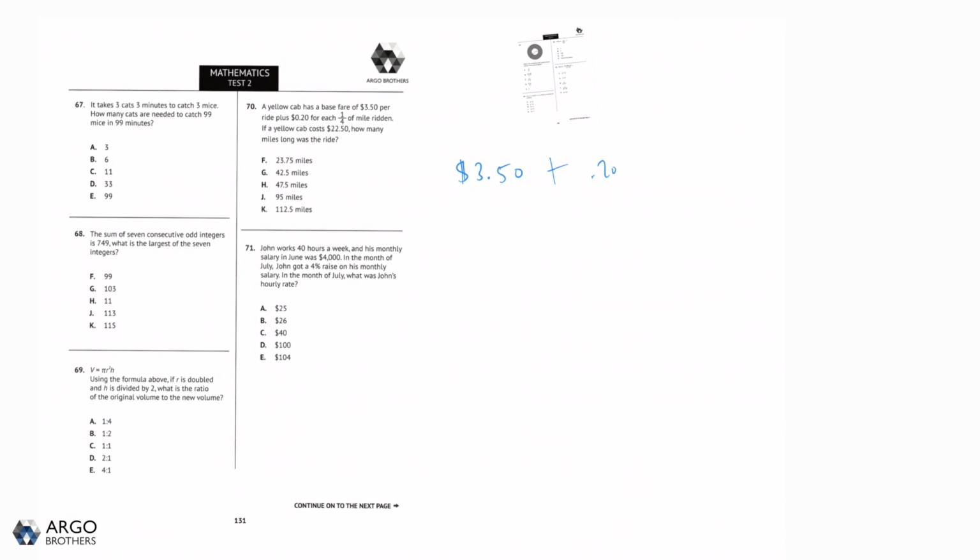Well, we can set up an equation. So my total cost is $22.50, and I know that my base fare is going to be $3.50 plus 20 cents for each 1/4 of a mile ridden. That means 20 cents for 1/4 of a mile.